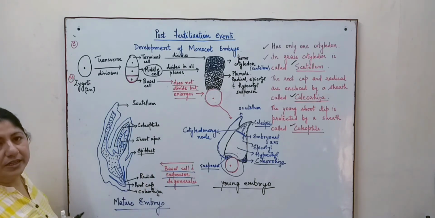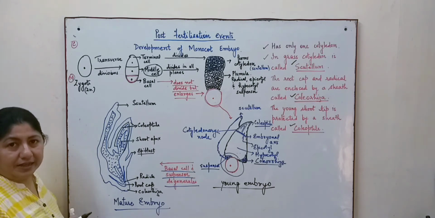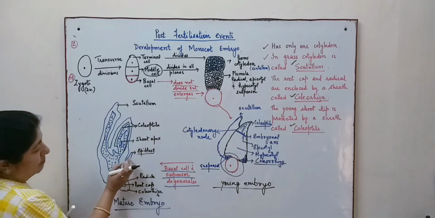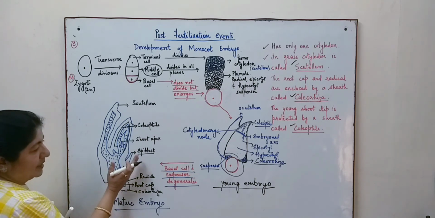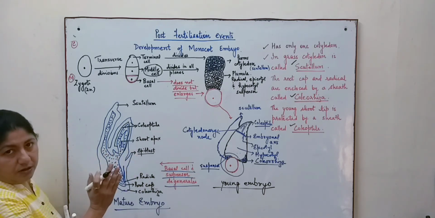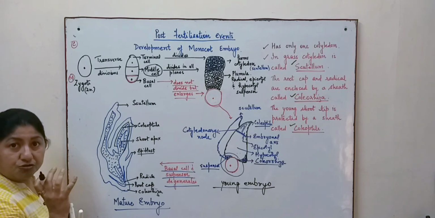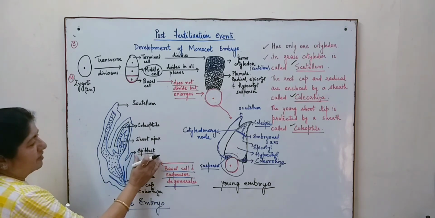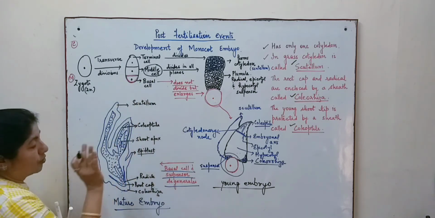Epiblast is actually the rudimentary second cotyledon, or it is the group of cells that develops a flap-like structure and remains rudimentary, and we call it a second cotyledon, which never develops since it's a monocot embryo.